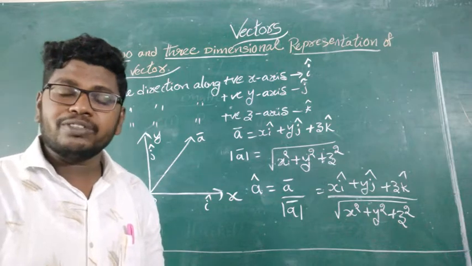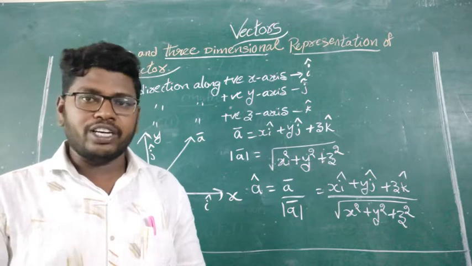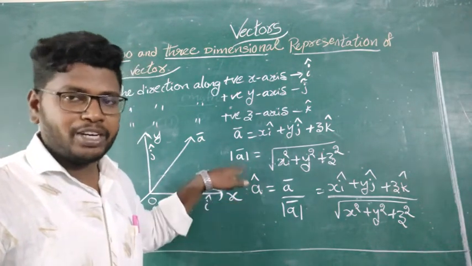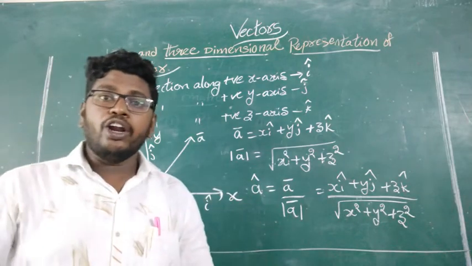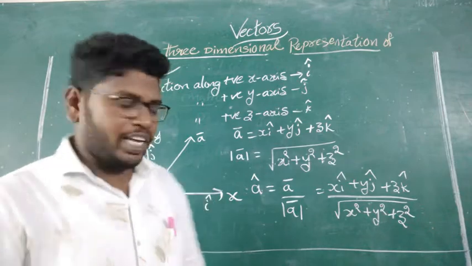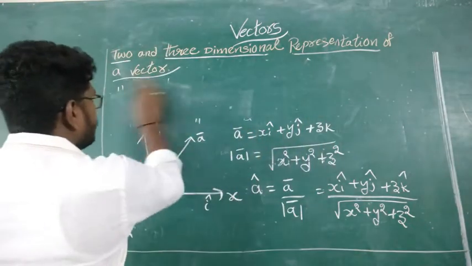So up to now we have discussed the vector representation in the Cartesian coordinate system, that is A bar and the unit vector with the magnitude of A bar. And now we can represent direction cosines. Let me discuss the directions also.